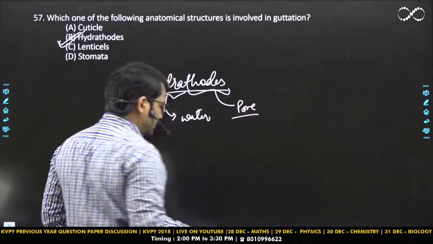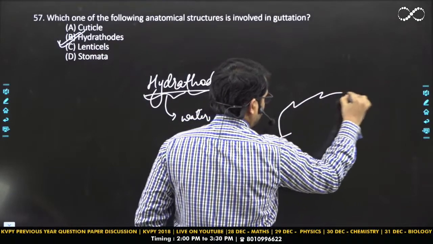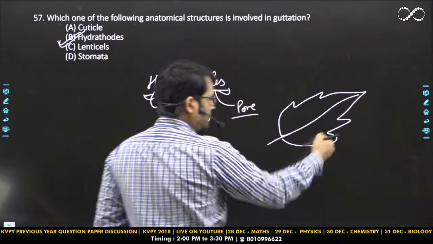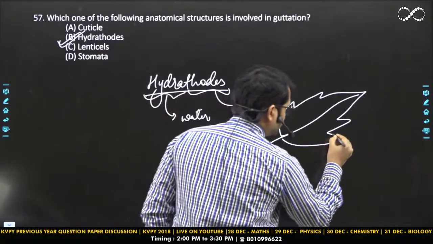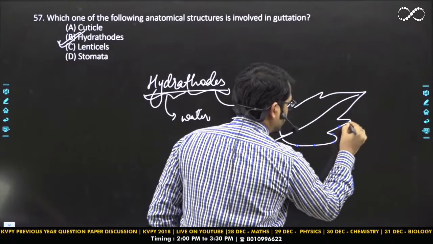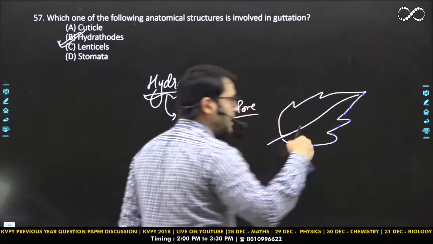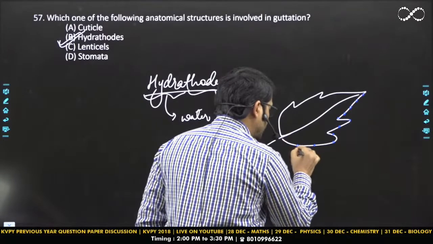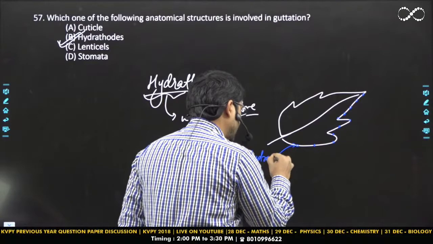Okay, so if you look at a leaf, on the margins of leaves there are certain pore-like structures, openings. There are these pore-like openings on the margin of the leaf, that is on the leaf blade, and these pores are called hydathodes.